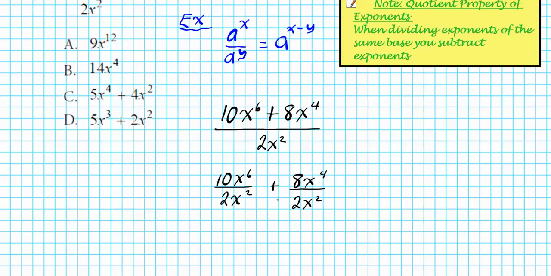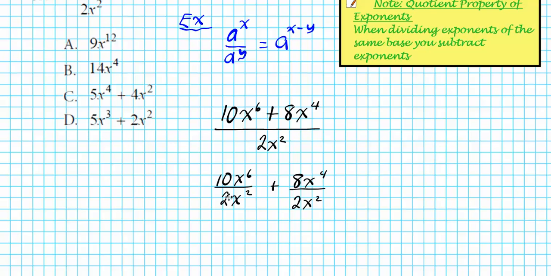Remember, whenever you're adding fractions, the denominators have to be the same. That's why we have this form when it's combined. But when we separate them, both have their own denominator. Why did I break it up? Because I will apply the quotient property of exponents independently to the 8x^4 and the 10x^6.